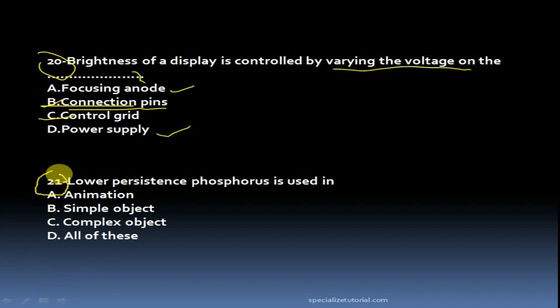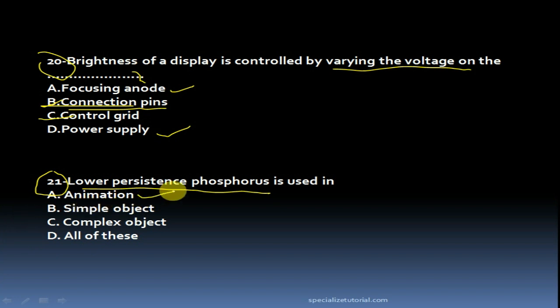Now take question number 21. Lower persistence phosphor is used in animation, simple objects, complex objects, or all of these. So it's used in animations.